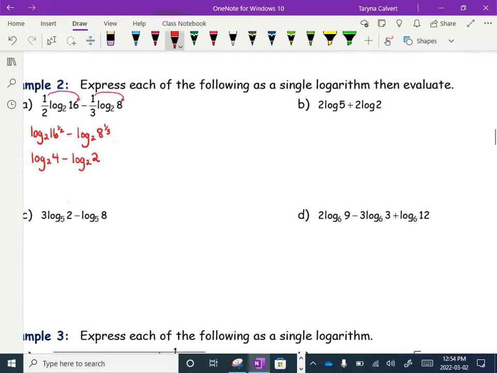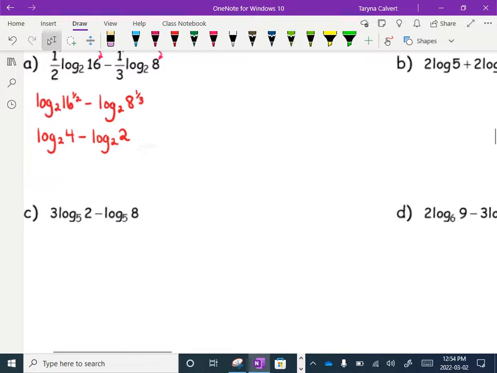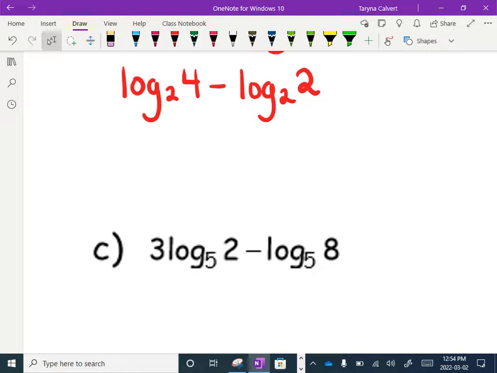And I'm so bad at this, I never read the instructions. So it does want us to break it down to a single logarithm, then evaluate. Because realistically, guys, could you evaluate those really quick, really fast in your head? Yeah. But if you do that first, you skipped breaking it down to a single logarithm first. So that's why I'm not going to just evaluate yet. I'm going to still break it down. So it's subtraction.